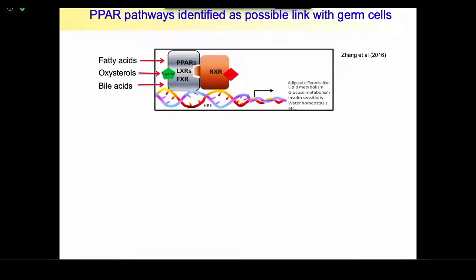In the polyunsaturated fatty acid metabolites, fatty acids are very interesting because they can bind to nuclear receptors, and all these different components which we found altered in our metabolomic analysis can bind to different nuclear receptors, including PPAR, LXR, the liver X receptor, or FXR, the farnesoid X receptor, which is a bile acid receptor, and which also associate with the retinoid X receptor.